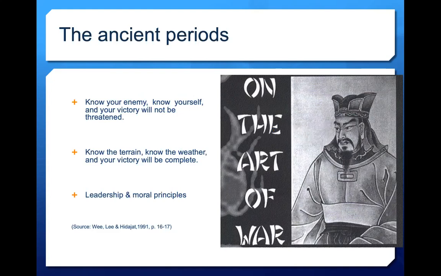The external situation reflects the macro environmental forces and micro environmental forces, like your competitors, for instance. The macro environmental forces include your political, economic, social, cultural, and technological forces. And the internal elements include knowing ourselves, our strengths and weaknesses. That helps us in formulating our strategies in today's business landscape.